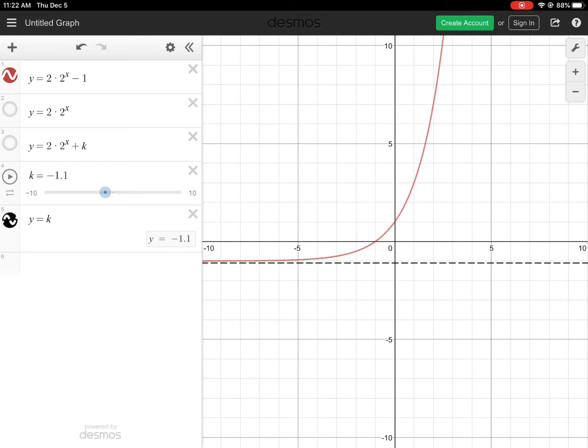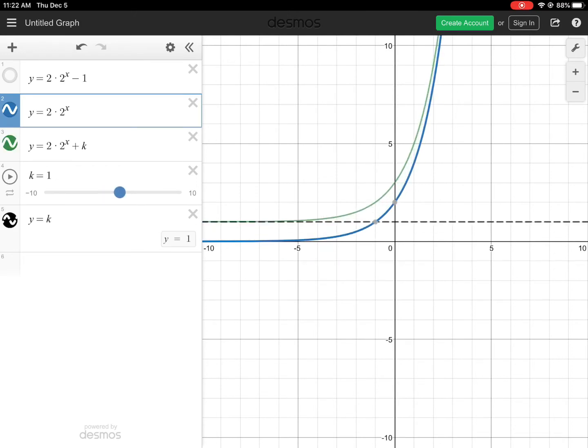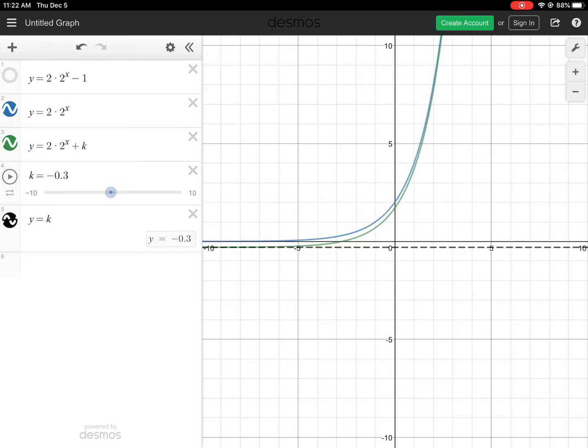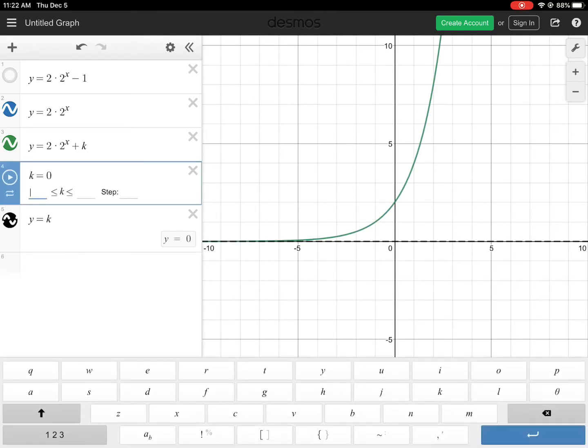Close enough. Okay, so originally our graph looked like this. Okay, and we had this point right here as our starting point. Okay, as we can see when our asymptote was at 0.